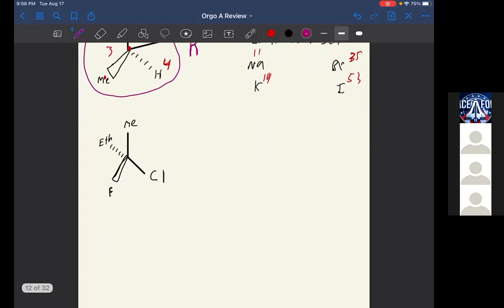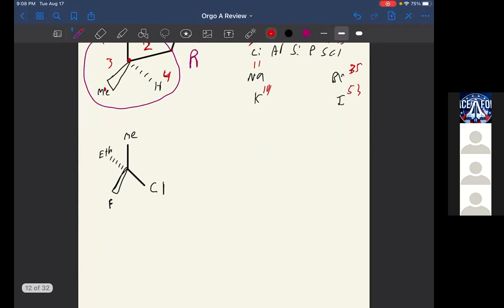That's why I have, if it's not, which the next one isn't, then you'll see what has to happen. So for the next one, chlorine is a higher atomic number than fluorine. So it'd be 1, 2. Methyl would be 3. This would be 4. So now, as you can see, we ran into the problem where the 4 is not on the dash. So in order to fix that, all you do is, I just call it a switcheroo, but you just switch 4 with 3. So this actually becomes 4.